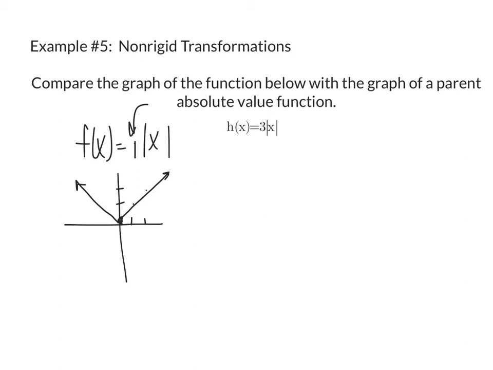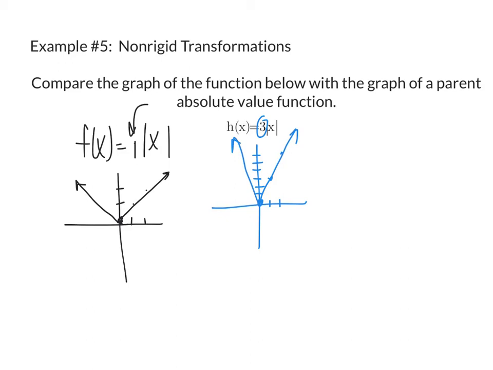However, when I compare to this one, this new slope is 3. So yes, I'm still starting at the origin, but I'm going up 3. So 1, 2, 3 over 1, plot a point. 1, 2, 3 over 1, plot a point. So this one has been stretched by a factor of 3.